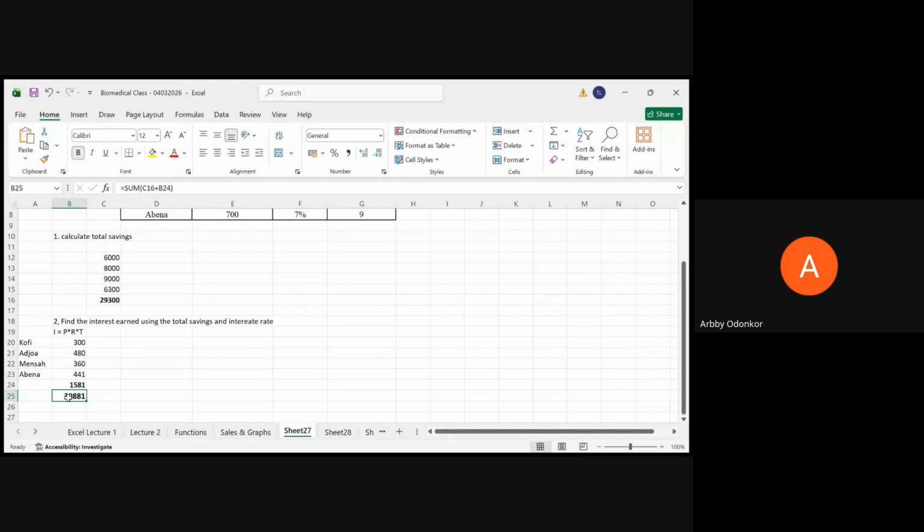Anyway, I'm not going to be too hard. In case of examination, at least if you're able to correctly calculate total savings for each individual and total interest for each individual, you get a good chunk of marks. What's the next question?